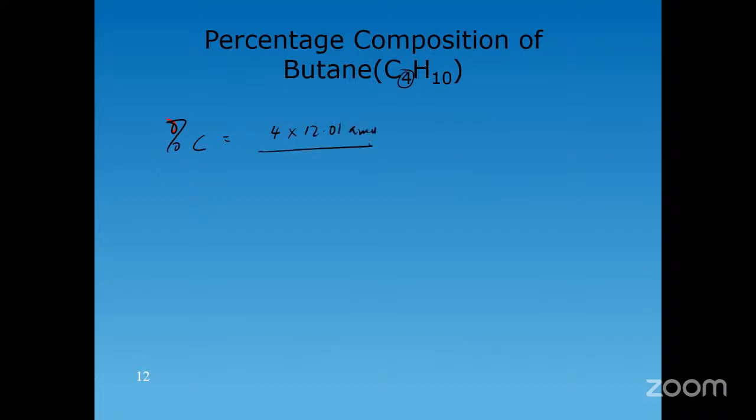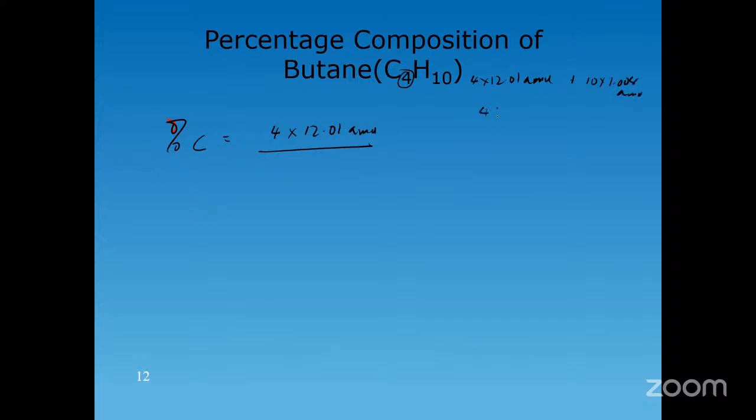Divided by the total molar mass of everything. So you'd have to calculate that. Probably should have done that before. 4 times 12.01 AMU plus 10 times 1.008 AMU.